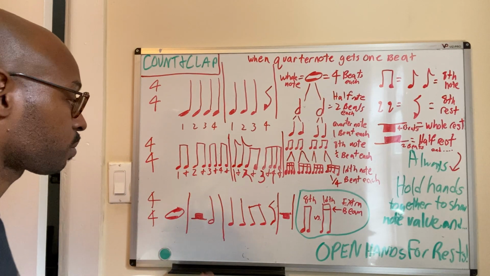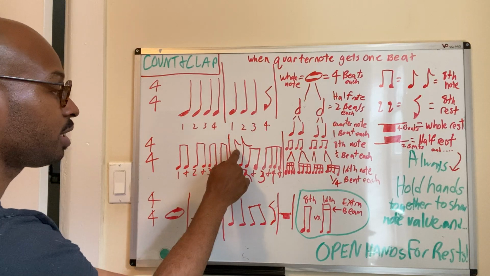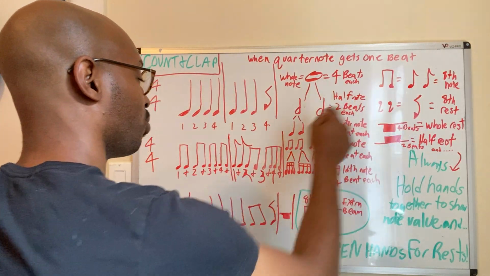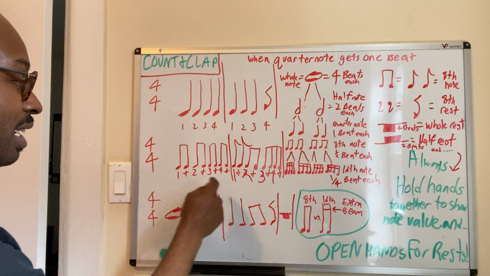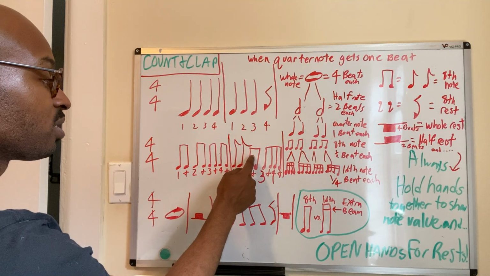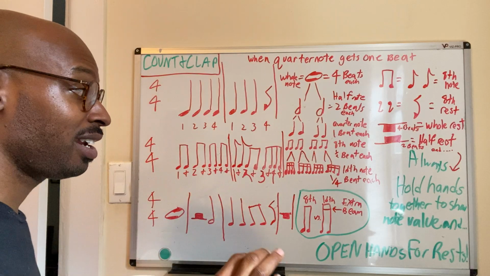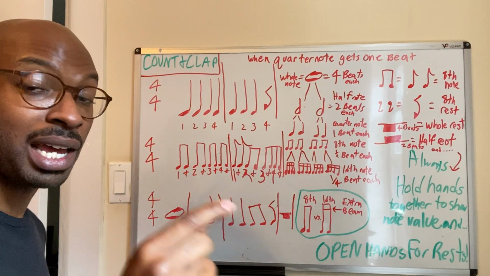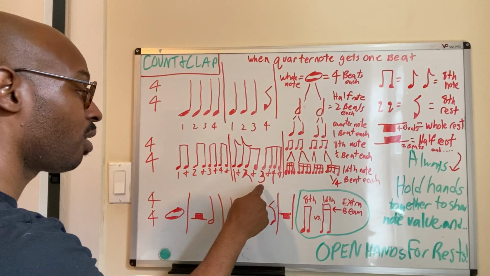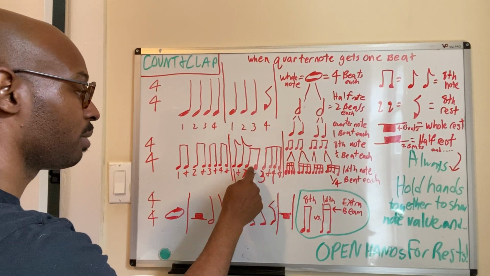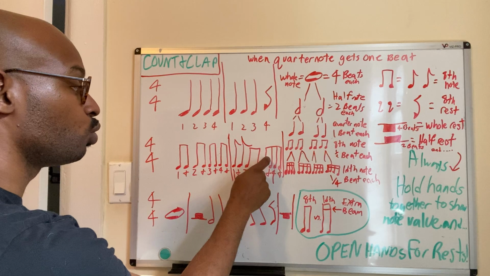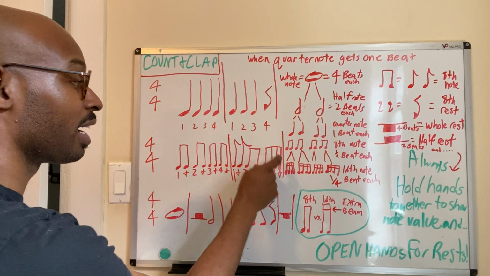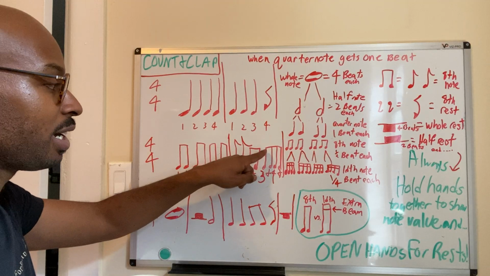And this here is an eighth note without a beam. So it would get the same as these eighth notes with a beam. And there are some situations where you'll see repeated beamed eighth notes, but they're all getting the same amount of time. 1 and 2 and 3 and 4, and this beam right here is connected.